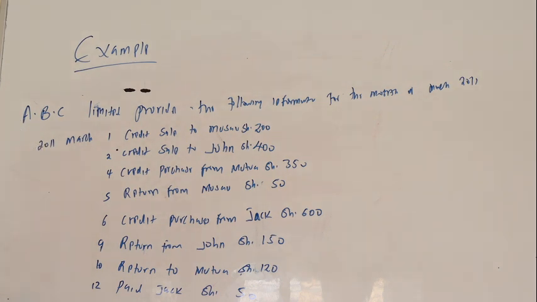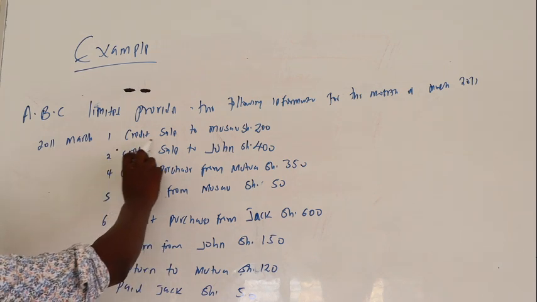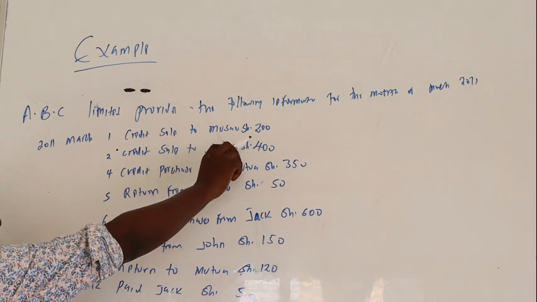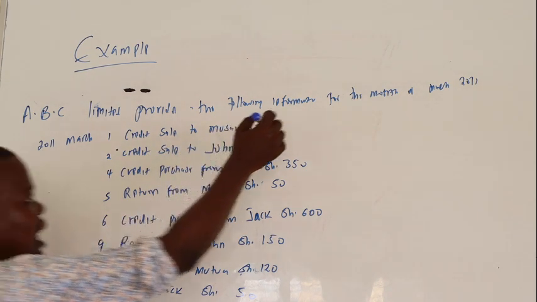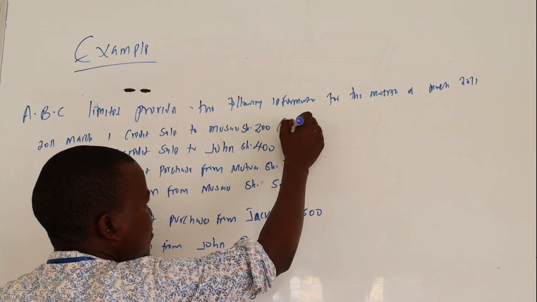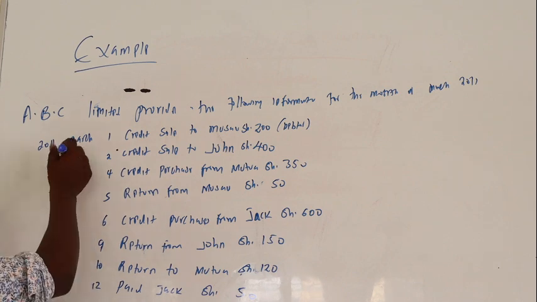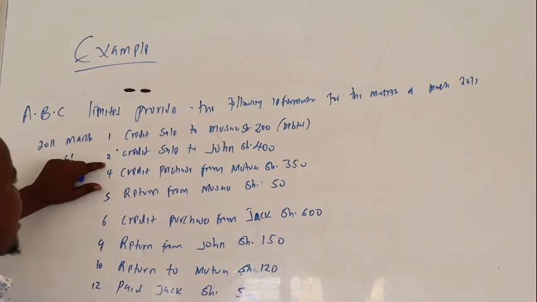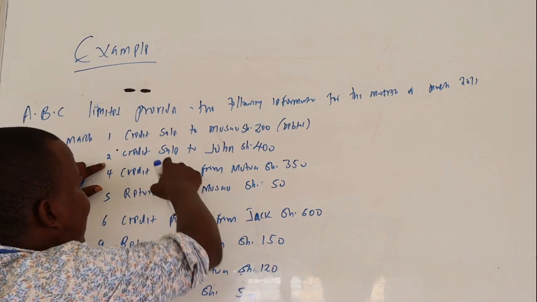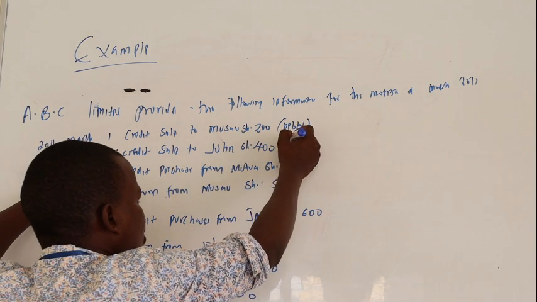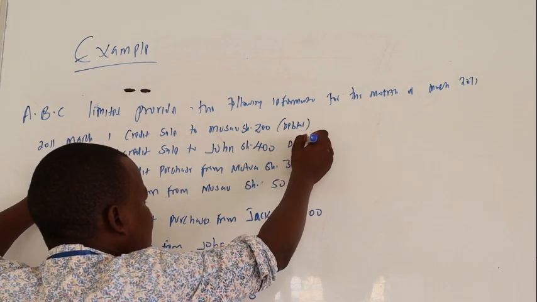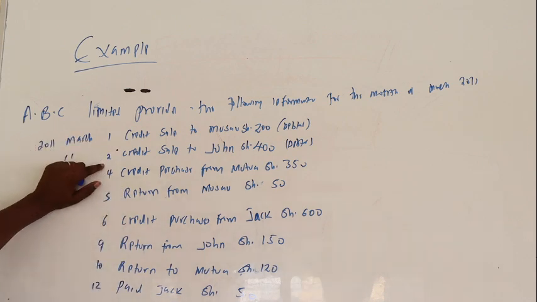On a date in March 2011, there was a credit sale to Musau. Musau is a debtor, because we have sold to him. The same month, there was a credit sale to John. John is a debtor because we have sold to him.